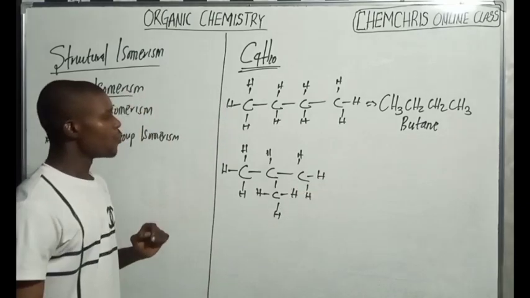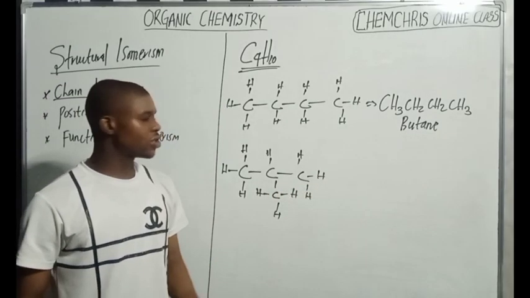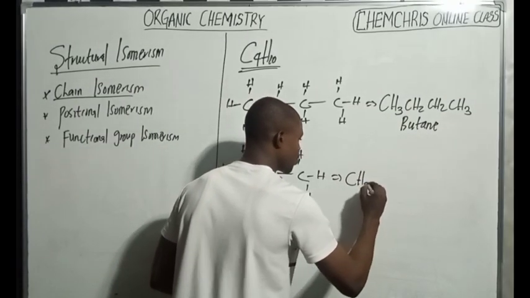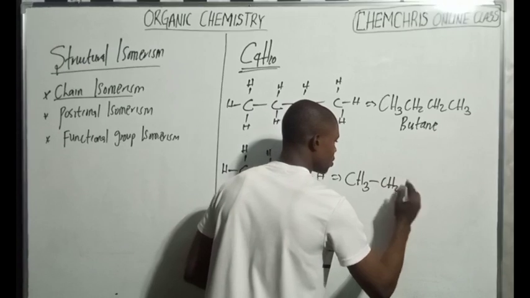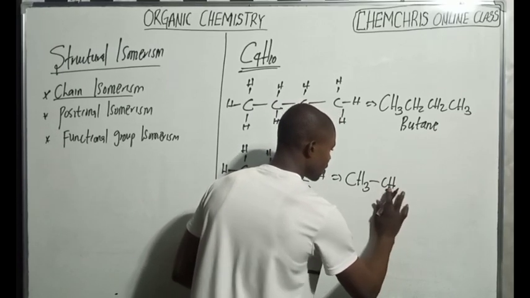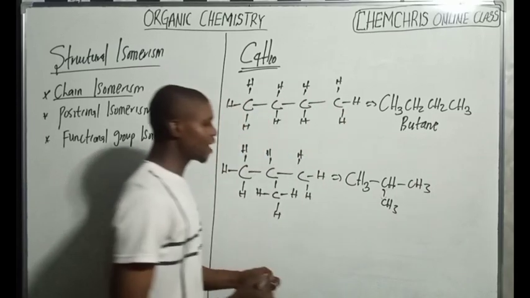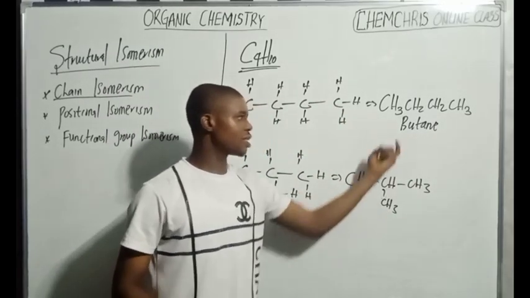Can you see that? If I write it as a condensed structure, I have CH3, CH3, then CH2. If you check it very well, this one is not the same as this one.